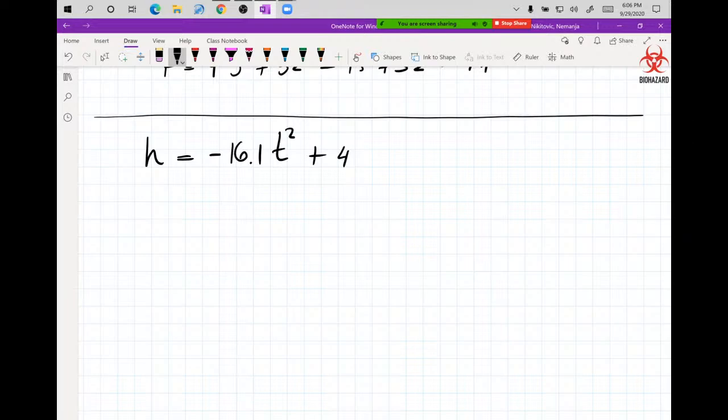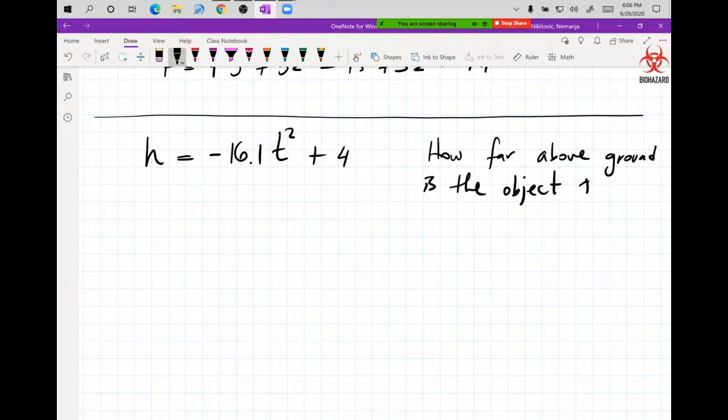You don't need to know this equation from physics, but you need to know how to compute the equation, because I can ask how far above ground is the object, let's go 2 seconds after we drop it.